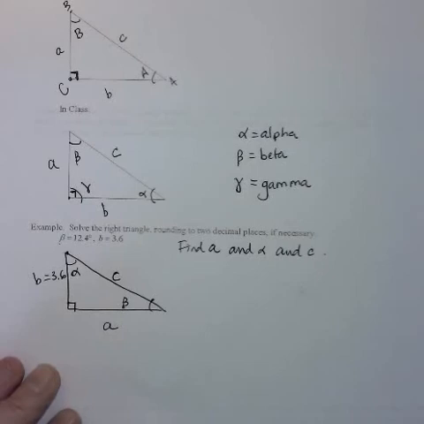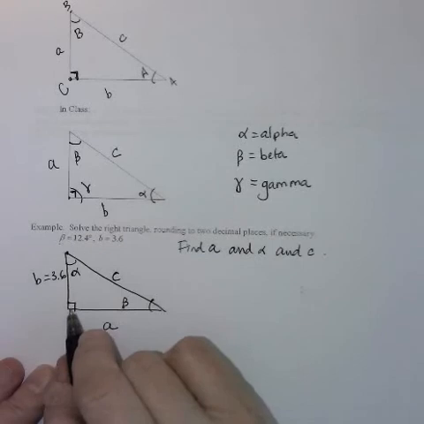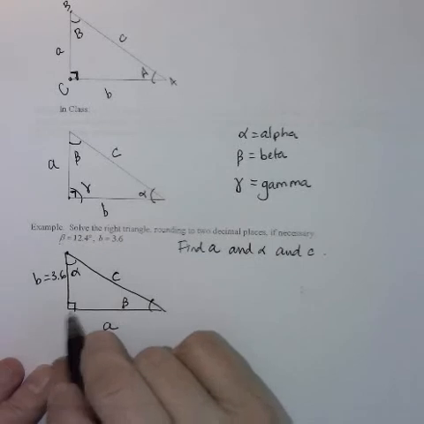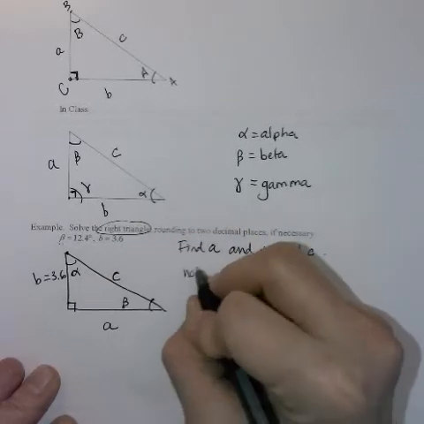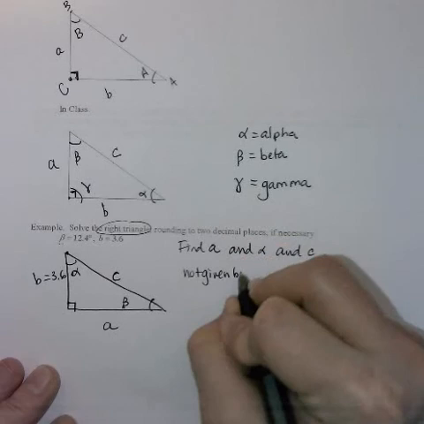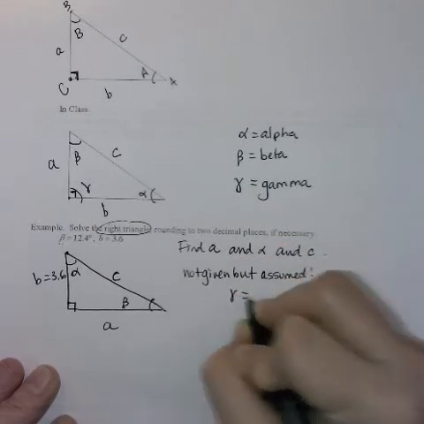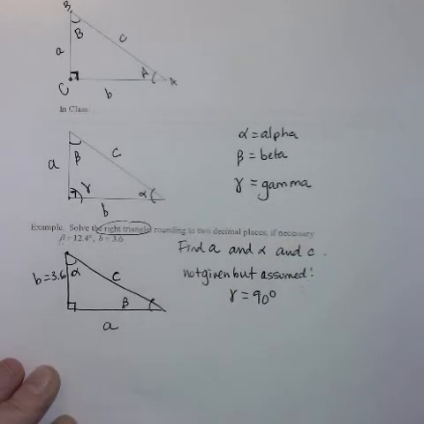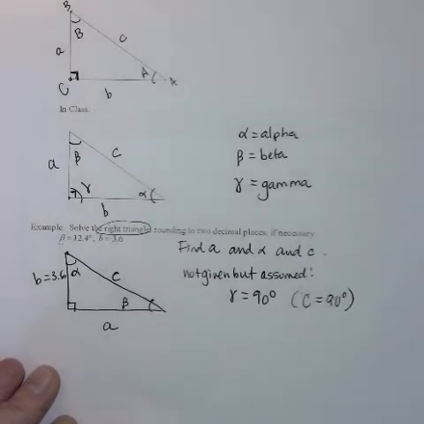Okay, so because we know beta, and gamma isn't directly given, but we know this is a right triangle. Solve the right triangle. Not given, but assumed. Gamma equals 90 degrees. And of course we can call that angle C also. Use a capital C if you do that. So we actually do know two of the angles. We can find the third.